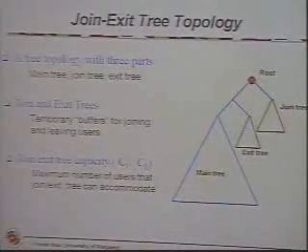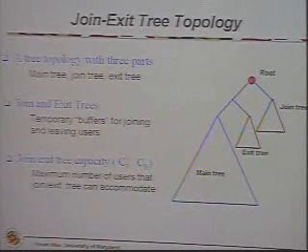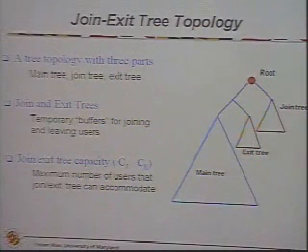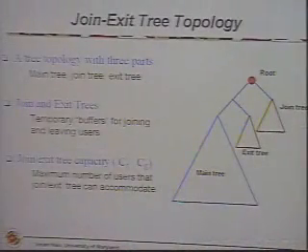If there is some vacancy here, and there are also users down here, I will first plug in the vacancy so that it can be balanced in the join tree and exit tree. Actually, this is not my invention or my strategy. Before that, there are many papers on tree-based key management.